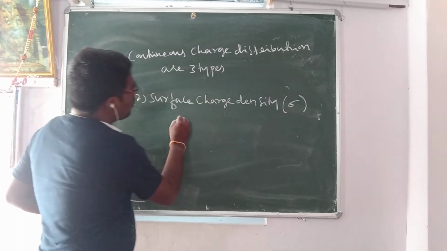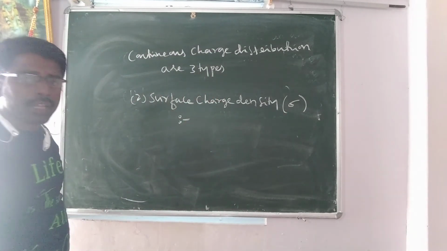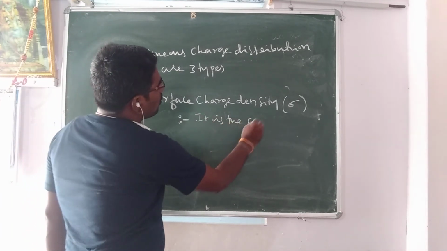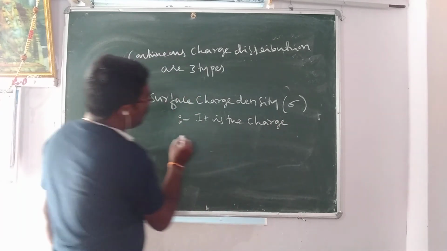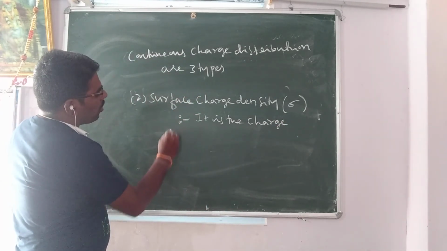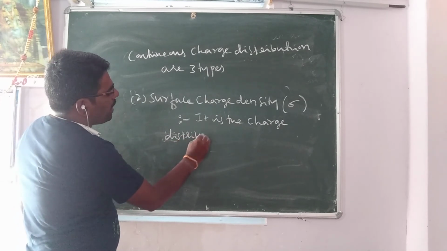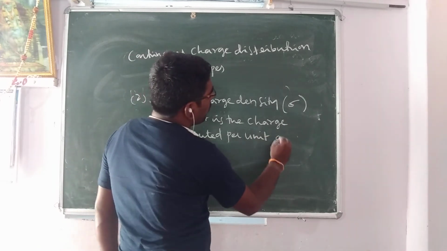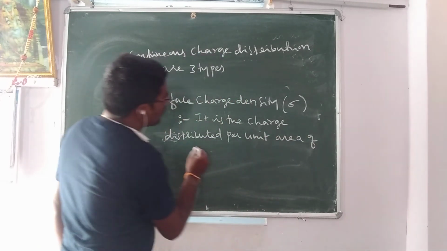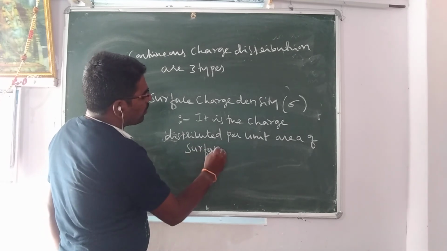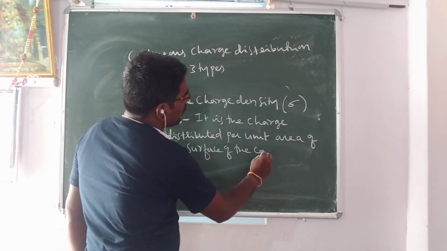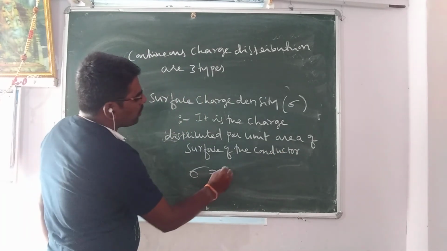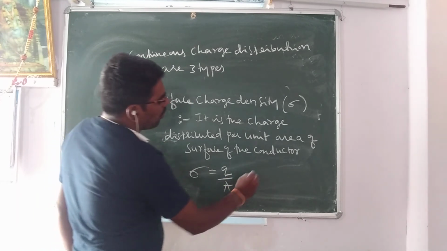It is the charge distributed per unit area of the surface of the conductor, where sigma is equal to charge by area.